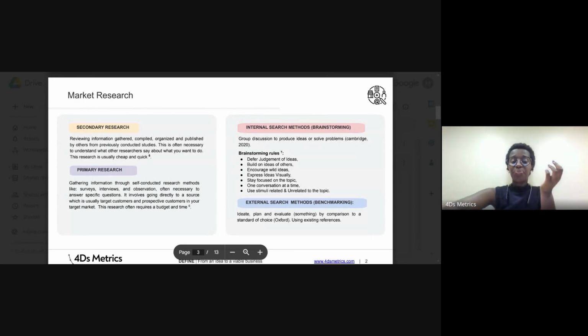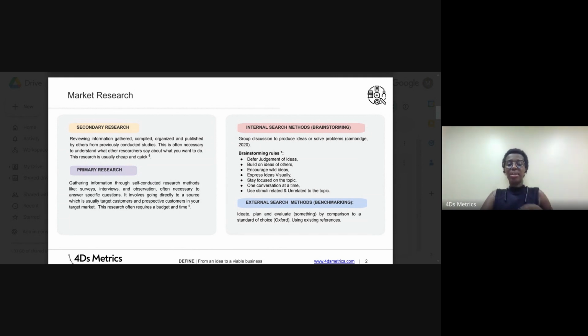Now, the other part of research that you do, which we call internal search methods, is brainstorming. You are sitting down with your team and talking about ideas on what others have done before, especially after you've done the secondary research, writing down your ideas. So you're doing a lot of brainstorming internally.